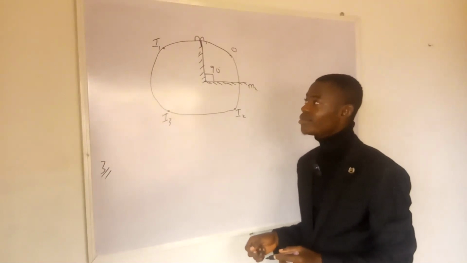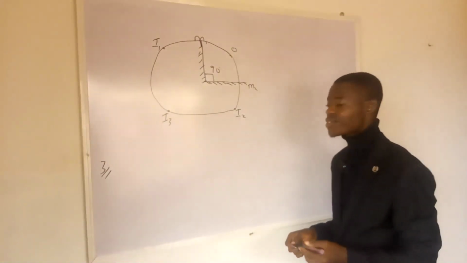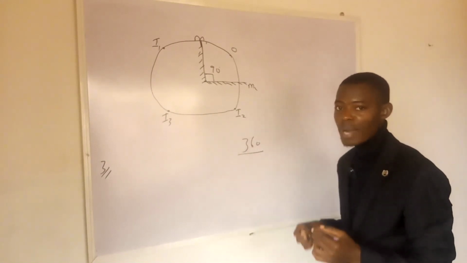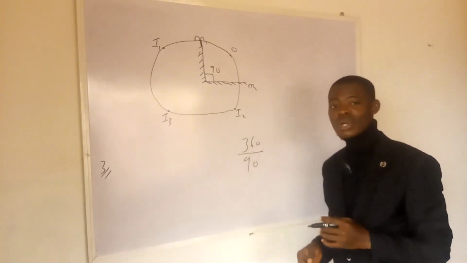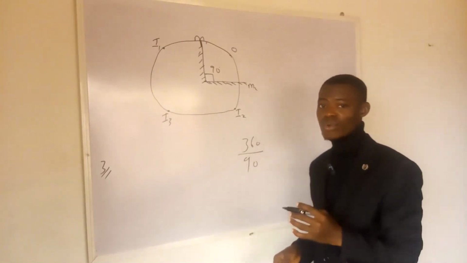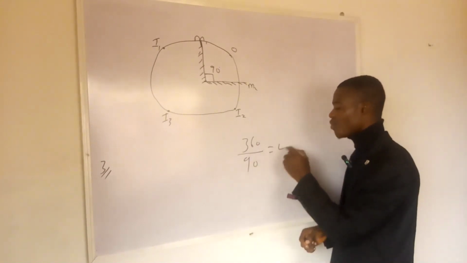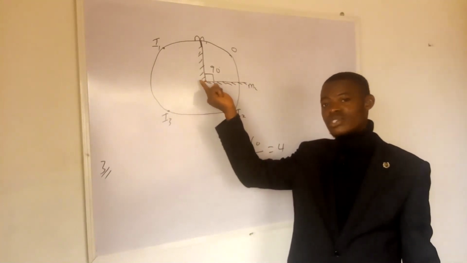Now, from our knowledge of circle measurement, if we divide the entire angle of the circle by the angle subtended by the sector, which in this case is 90, we get the number of sectors the circle is going to provide, which in this case is simply 4. So this entire circle will provide 4 equal sectors.